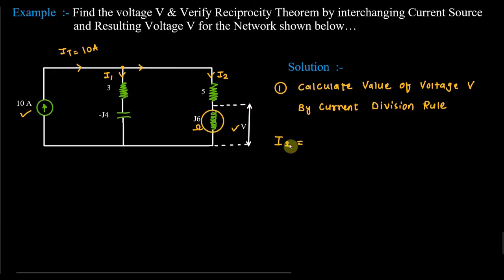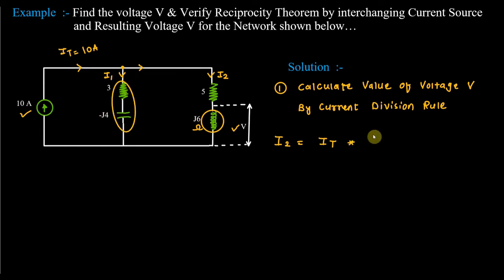According to the current division formula, I2 can be calculated from the total current. I will say IT is the total current, multiplied by the impedance of the opposite branch from where you are calculating the current. You are calculating the current through J6, and the opposite branch is 3 minus J4.